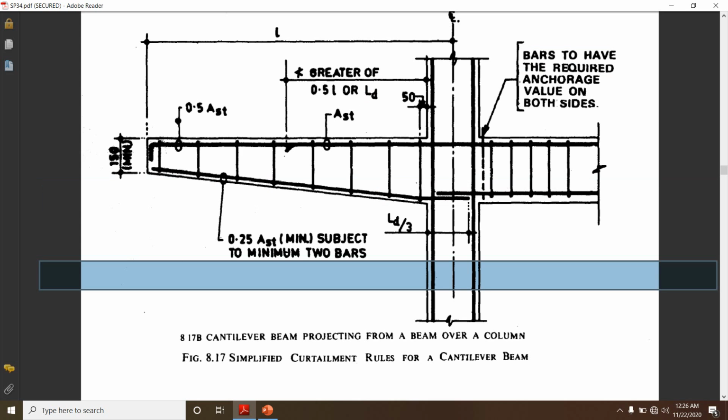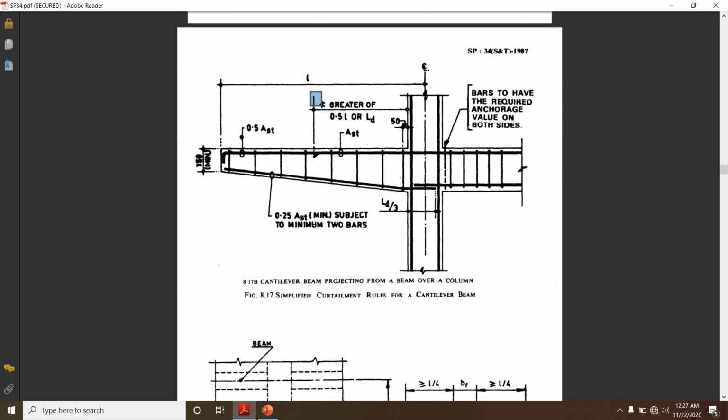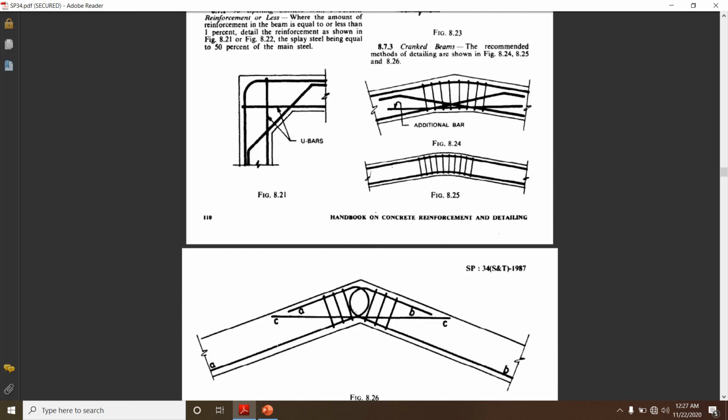Therefore the bars should have the required anchorage value on both sides. Similar to the previous point, 25 percentage of the minimum Ast, that is minimum 2 bars, we have to provide, and 50 percentage of reinforcement we can have beyond this line. This is the case when we have a cantilever beam projecting from a beam.